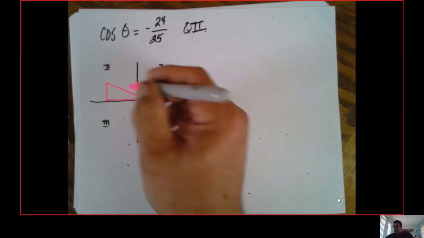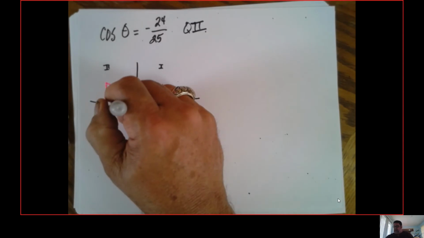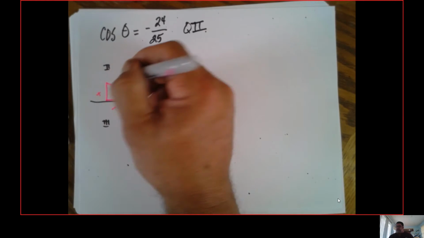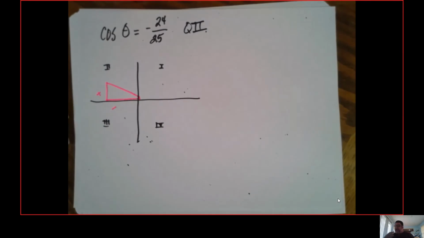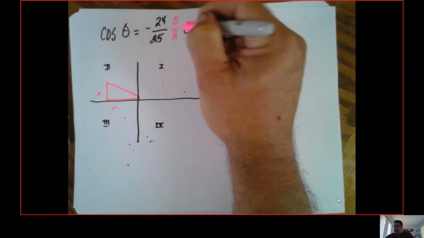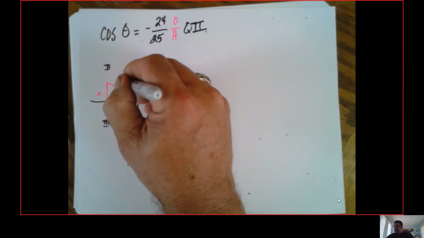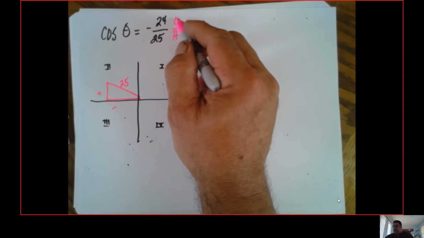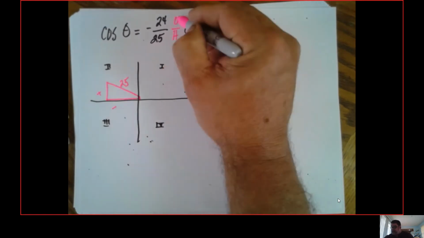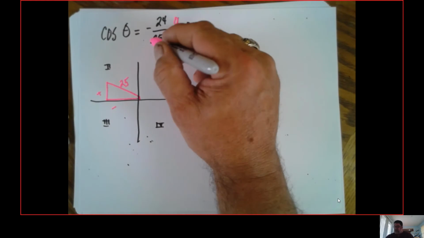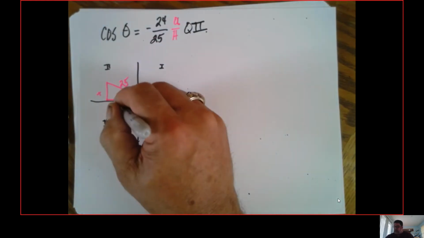And I know this is a negative a, and this is positive, and the hypotenuse is always positive. And I know Oscar had a hunk, so 25 is always positive. The adjacent has to be negative, and it is right there, so that's 24.